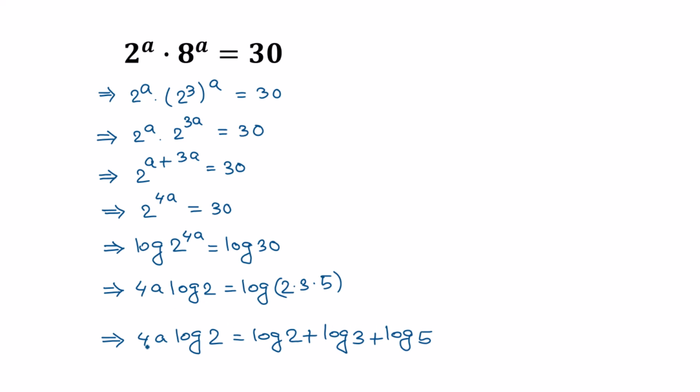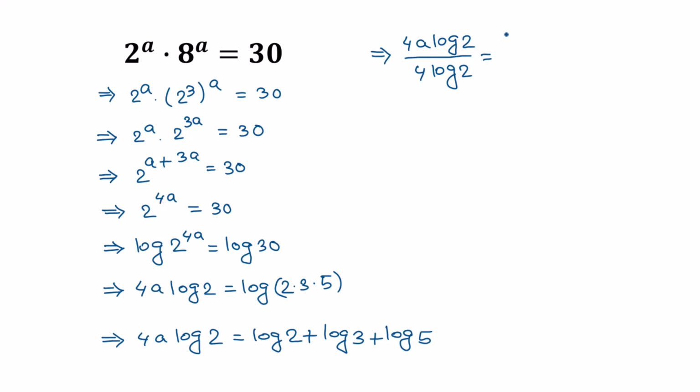Now divide both sides by 4 times log of 2, and we will get on the left side 4a log of 2 divided by 4 log of 2. We have divided this term.